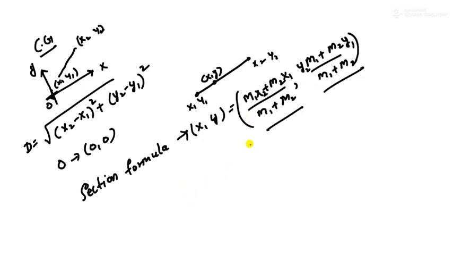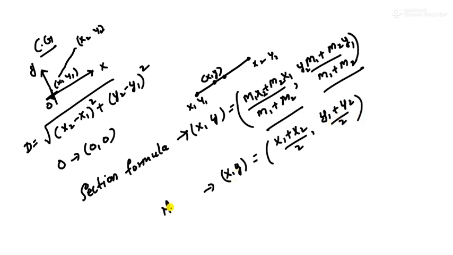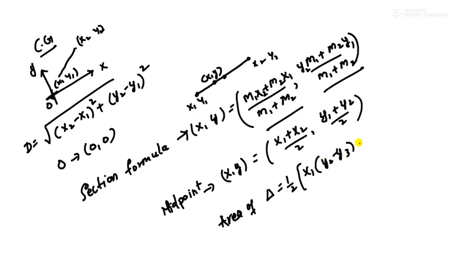This becomes the section formula. Now when the point is the midpoint, then we have this formula: x1 plus x2 divided by 2 and y1 plus y2 divided by 2. We call this the midpoint formula. And at last we have the area of triangle formula, and that is half into x1 times y2 minus y3 plus x2 times y3 minus y1 plus x3 into y1 minus y2.